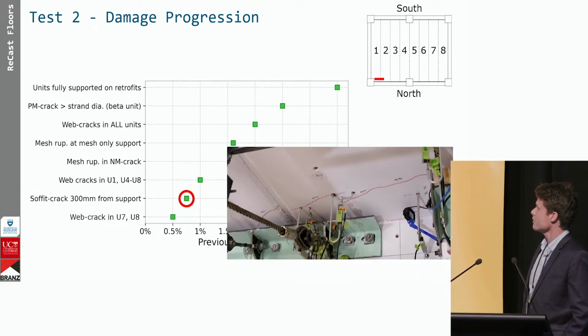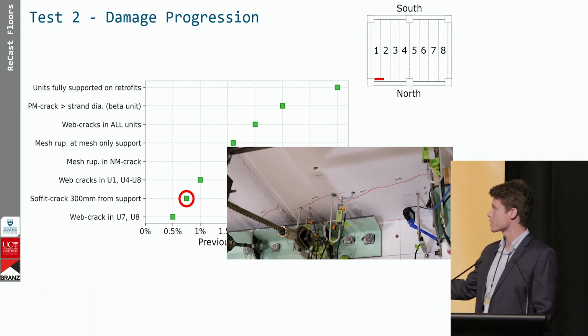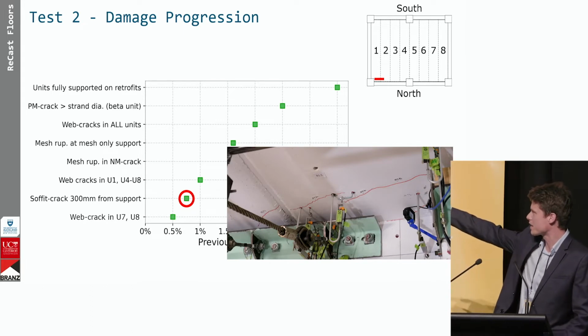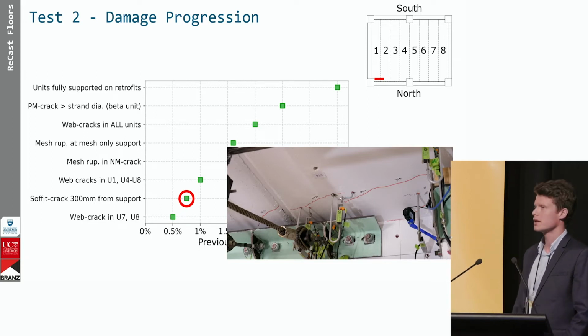And then at 3/4% of drift, we had positive moment cracking away from the support, and you see those seating angles, so it's beyond the seating angle.